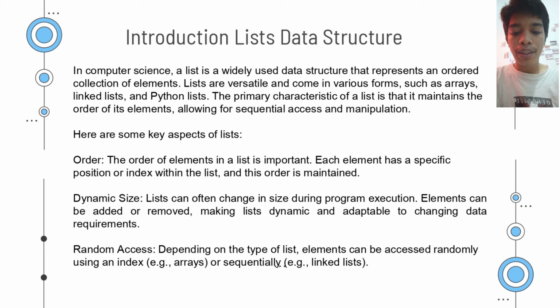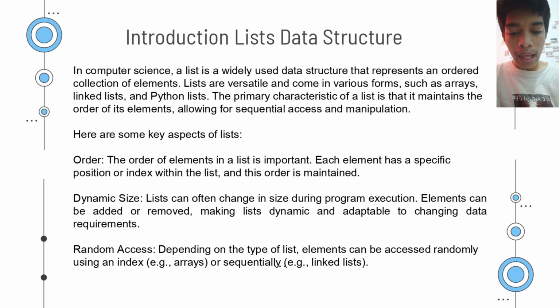Here are some of the key aspects of lists. First is order. The order of elements in the list is important. Each element has a specific position or index within the list, and the order is maintained. The second is dynamic size. Lists can often change size during program execution.